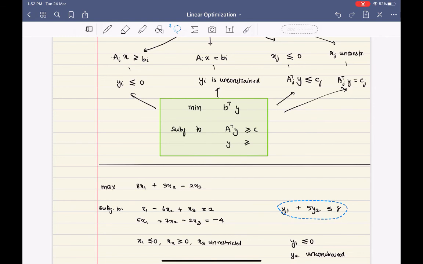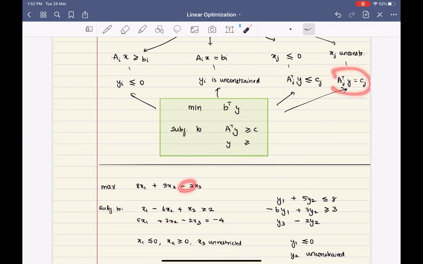Now what about y2? Minus 6y1 plus 7y2. And here x2 is bigger than or equal to 0. So we have to maintain it as bigger than or equal to 3. And finally for y3 it will be y3 minus 2y2. Now here x3 is unrestricted. So you have to equate it with minus 2.